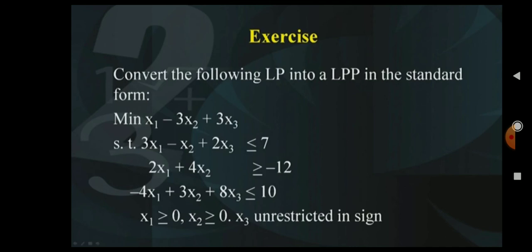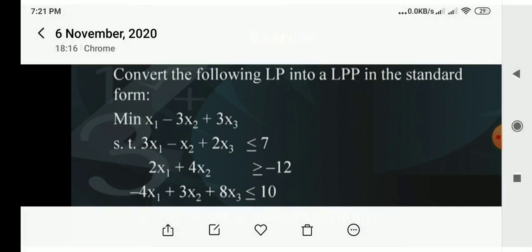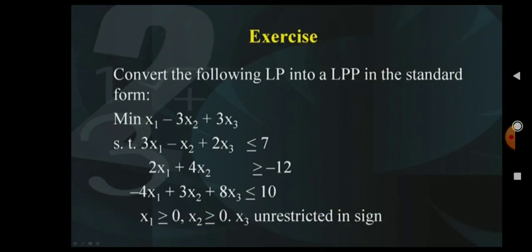x3 unrestricted in sign means it may be positive or negative, so you can write x3 as the difference of two positive values, x3 prime and x3 double prime. If x3 prime is greater than x3 double prime, then it will be positive, otherwise negative.